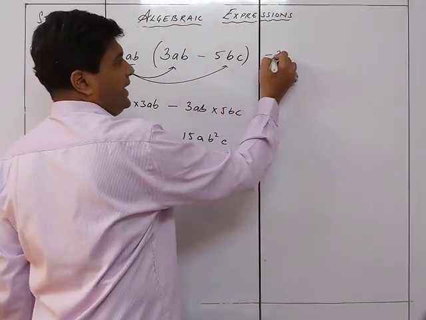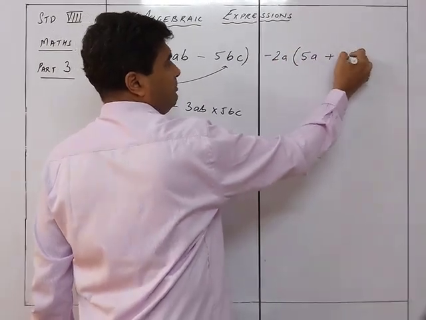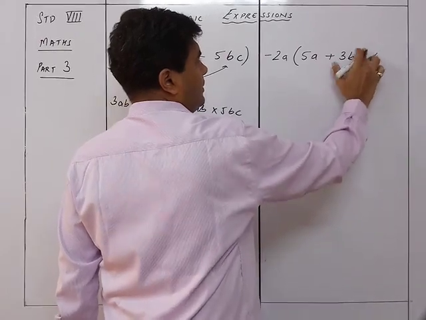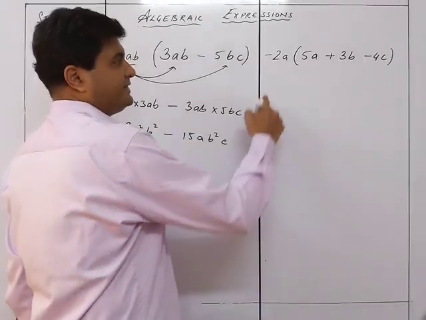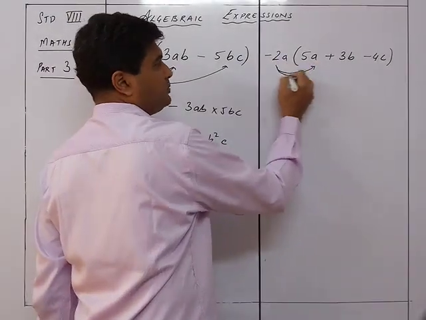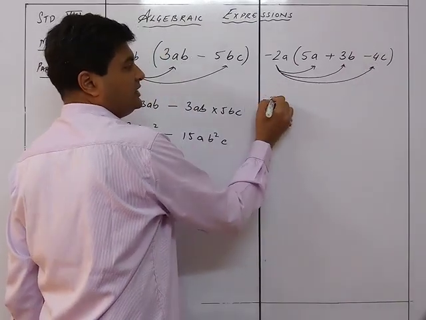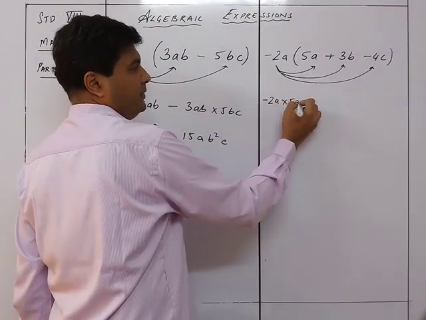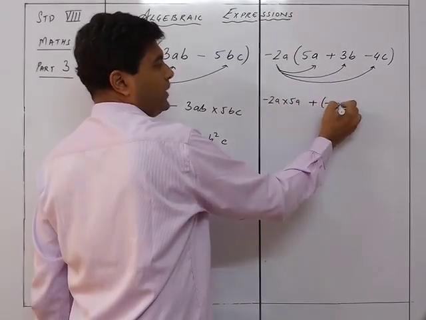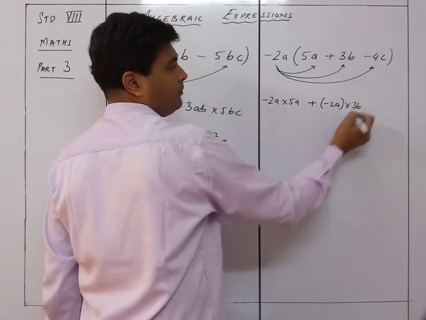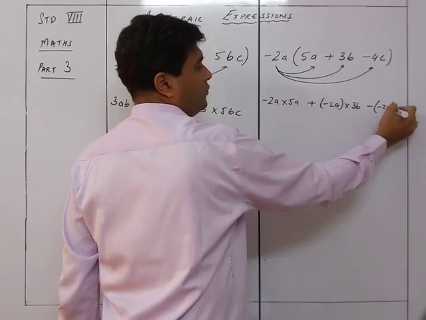Take another example. If it is minus 2a multiplied by 5a plus 3b minus 4c. So again the same way, this multiplied by this, this multiplied by this, and this multiplied by this. So first is minus 2a into 5a with plus sign over here, then again minus 2a into 3b with minus sign over here, minus 2a into 4c.